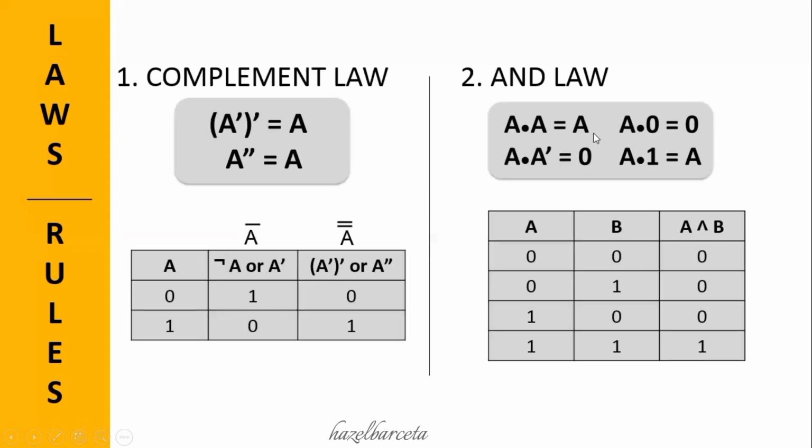Oh, by the way, ang tamang pagbasa po pala nito ay A and A is equal to A. A and A complement is equal to 0. Binasa lang po natin muna ng times para makabisado po natin. Kapag okay na po, pwede nyo nang basahin ang A and A is equal to A kasi alam ko po na medyo nakakalito lalo kung hindi pa po talaga natin ito kilala. Okay po?